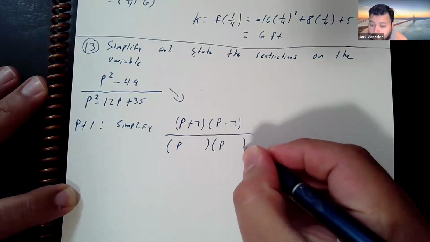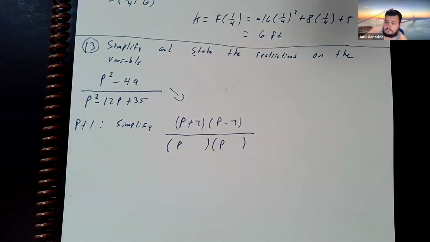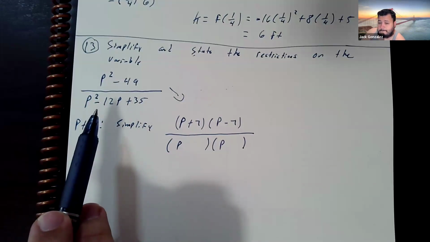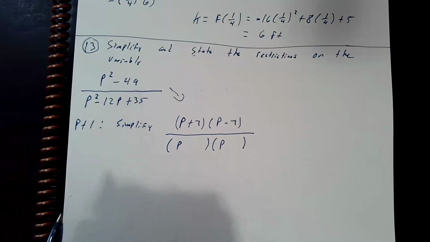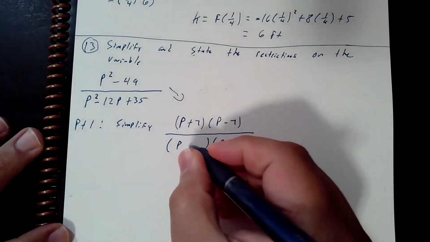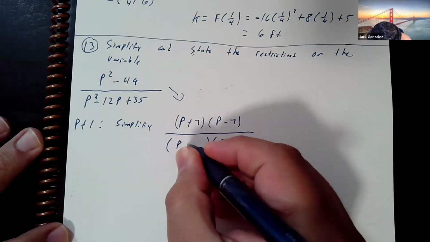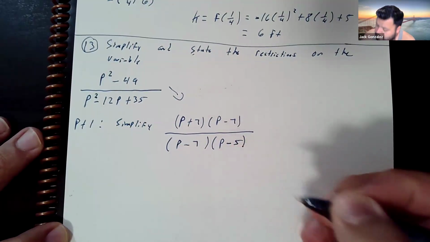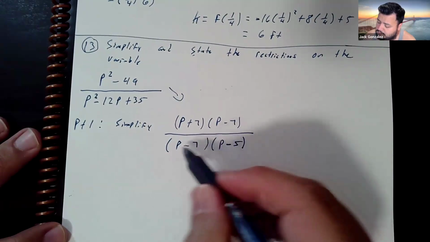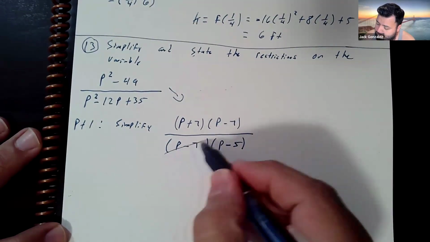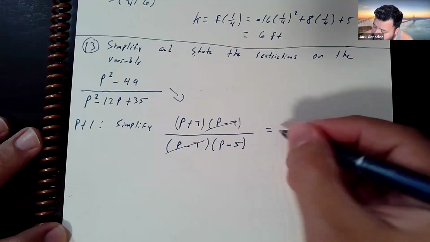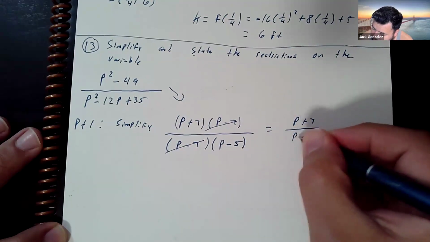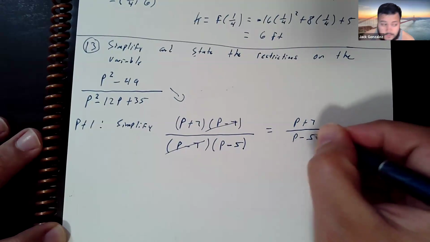You remember? P minus 7 and P minus 5. Yeah, that'll work. So right away you see the cancellation, right? So this is the simplified form that they want. That'll be part one. Just type this in.